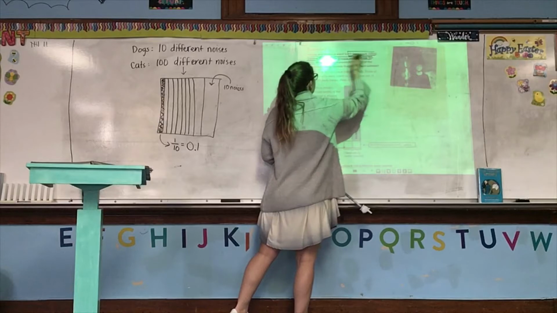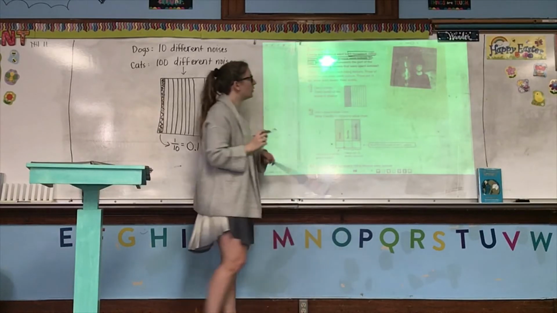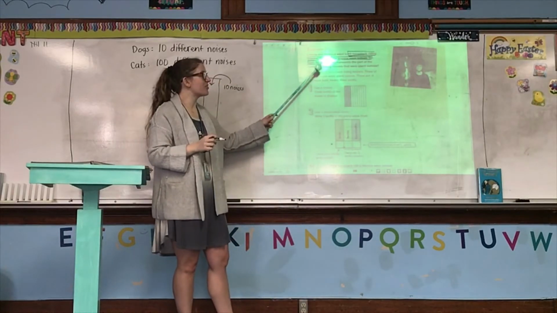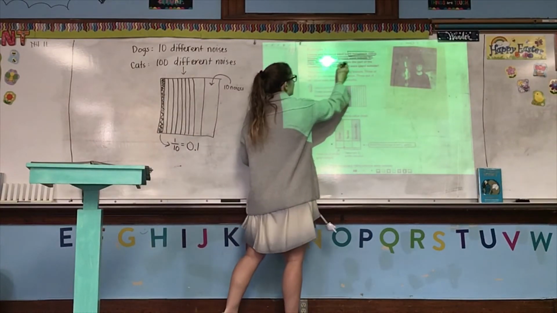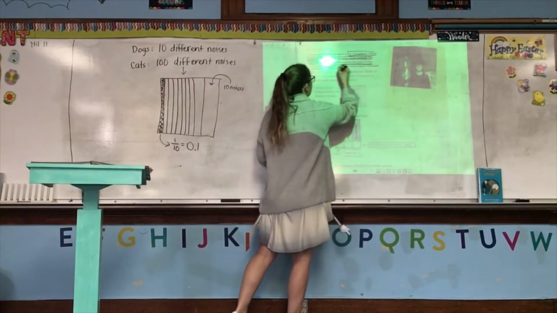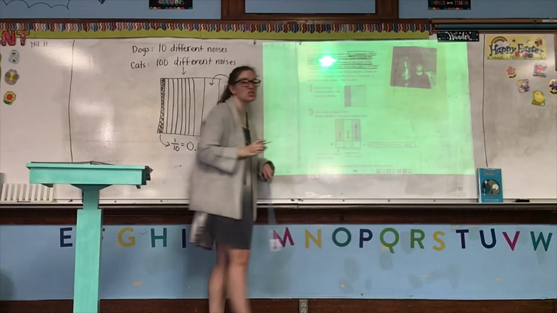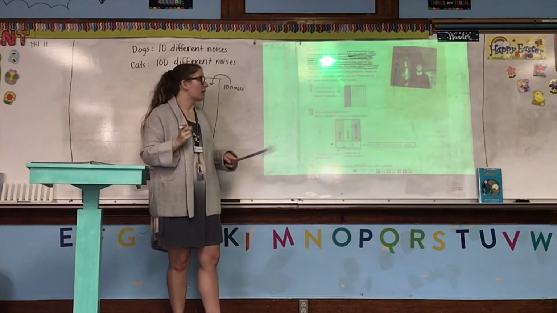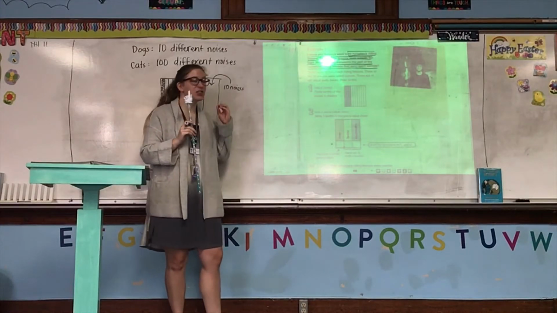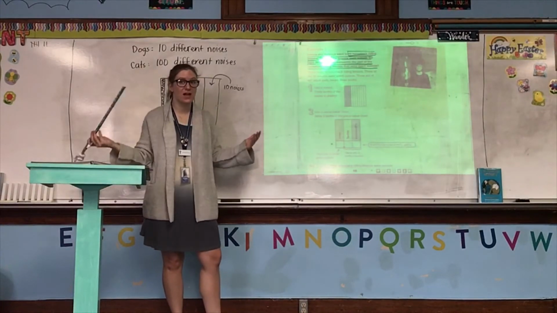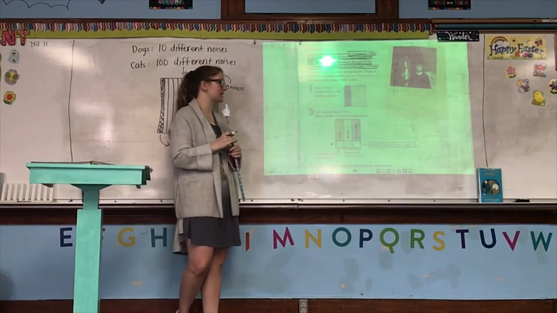So we know there were 10 total horseback riding lessons, and 3 of them were outside the barn. What decimal represents the part of the horseback riding lessons that were spent outside? Okay, so we know there were 10 total horseback riding lessons, and 3 out of that 10 were spent outside.